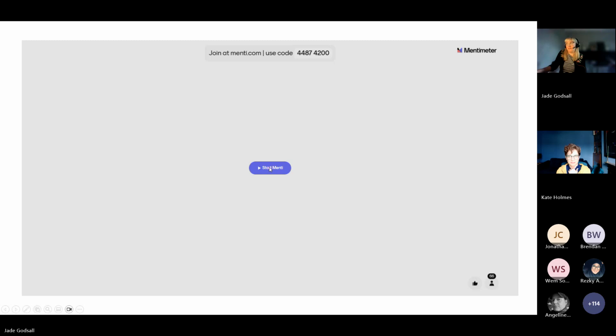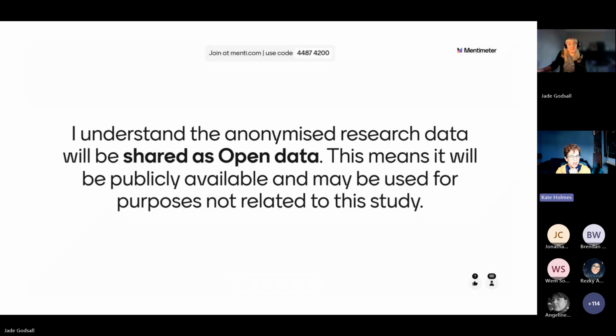Okay. We've had one other question come in, which is, what is the appropriate retention period for audio files and interview data stored on university servers? Again, it's going to depend on what you're saying with your consent.